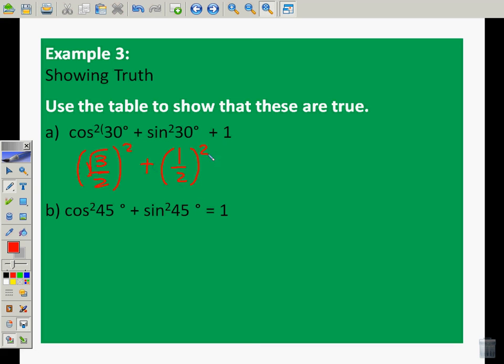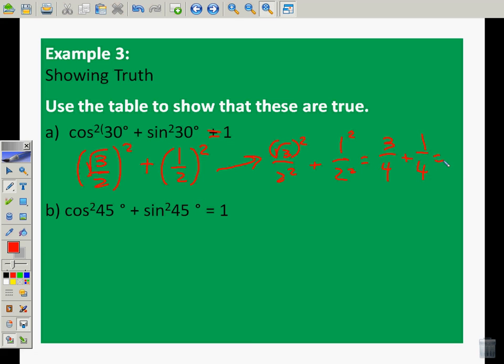Well, guys, look at what we've got here. It's a beautiful thing because then we've got square root of 3 squared over 2 squared plus 1 squared over 2 squared. I'm breaking down the fractions for us. We've got 3 over 4 plus 1 over 4 is equal to 1. Well, what do we want it to be equal to, guys? 1. We're good. Okay? Let's do the same thing down here.